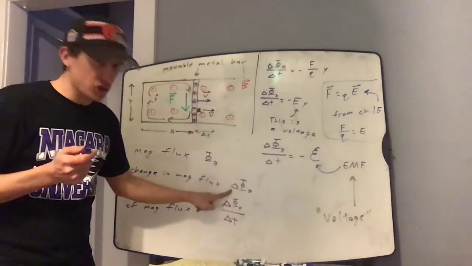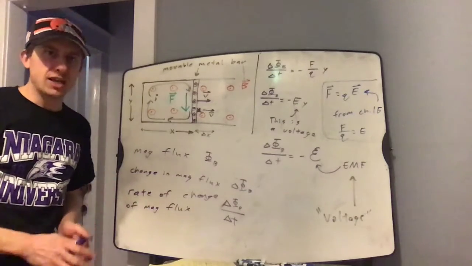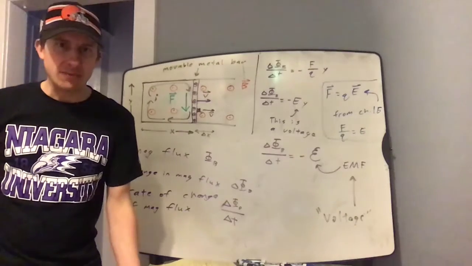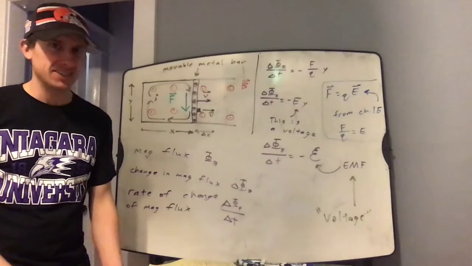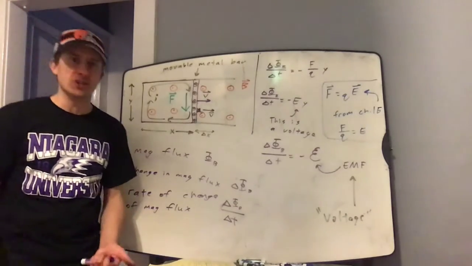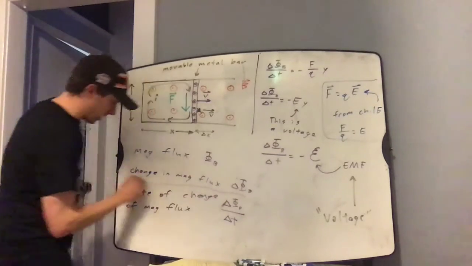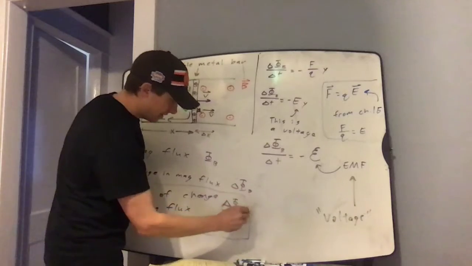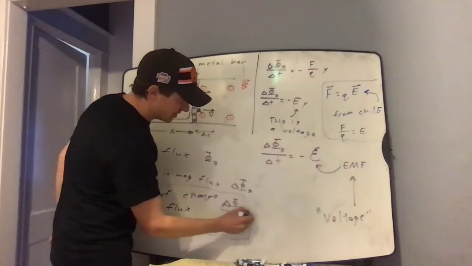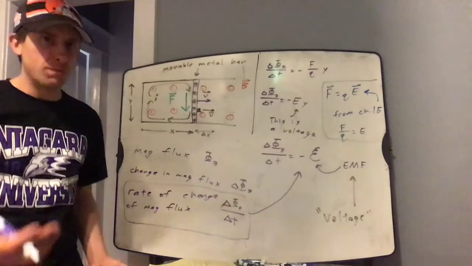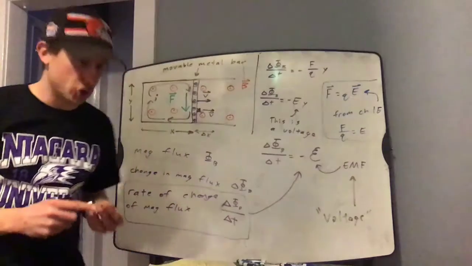Anytime a quantity changes, implicitly you're saying you have an initial and a final value, and nothing will be able to ever change instantaneously. It does take time for a quantity to change. So the rate of change of magnetic flux, we say, induces an EMF. So the rate of change of magnetic flux will basically create a voltage.